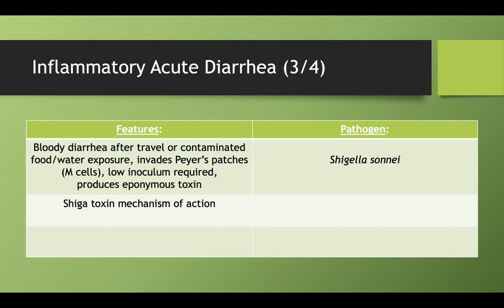And what's Shiga toxin's mechanism of action? What it does is it'll inactivate the 60S ribosome, and if you do that, you're going to inhibit protein synthesis.